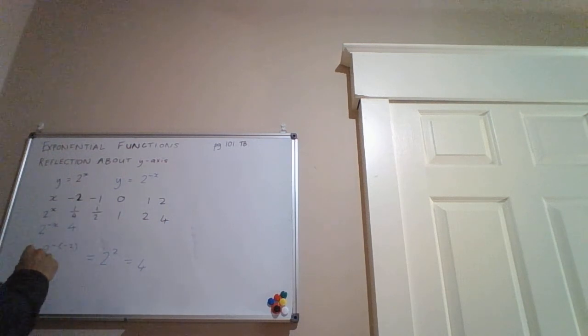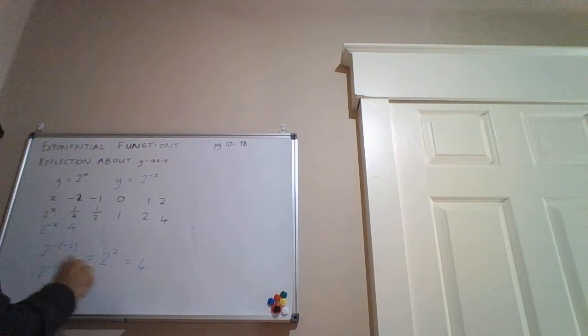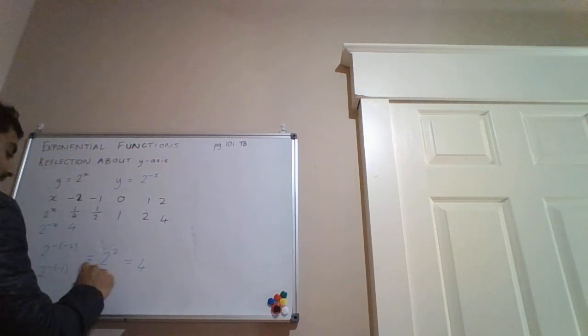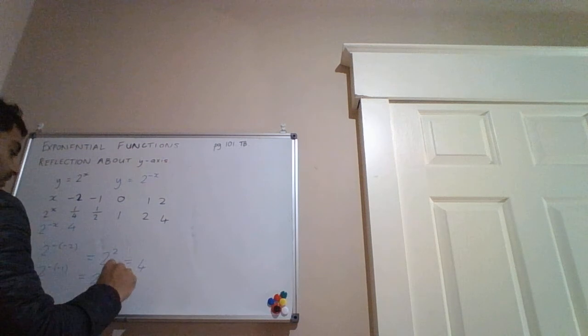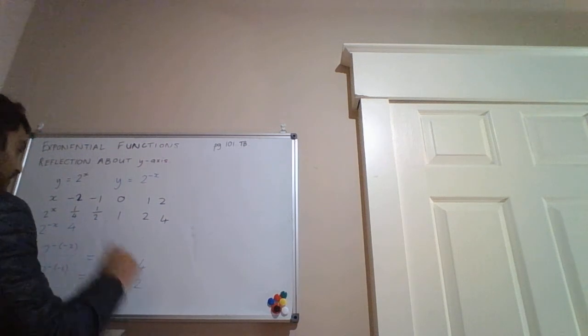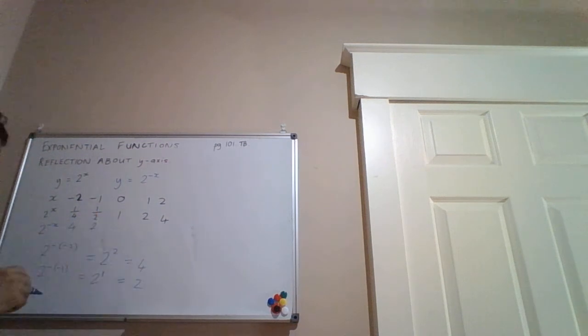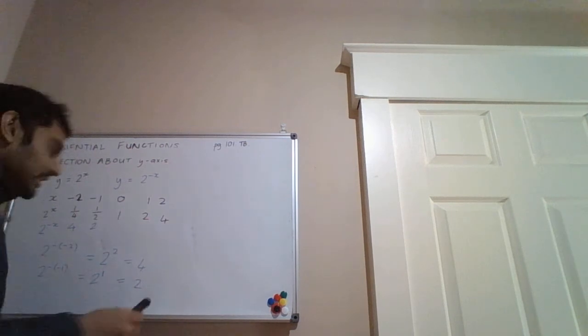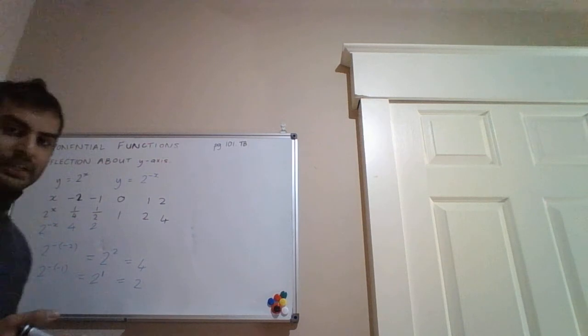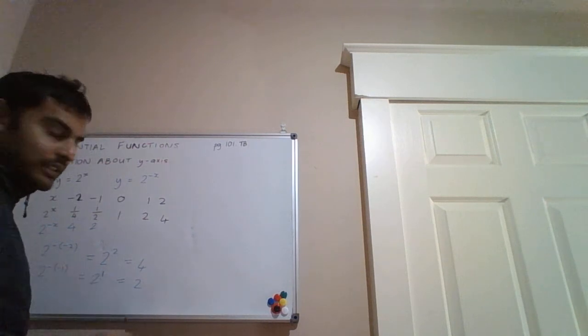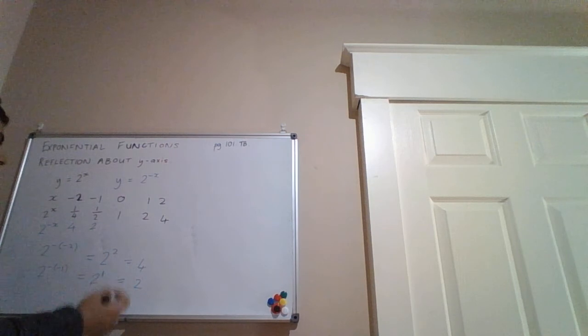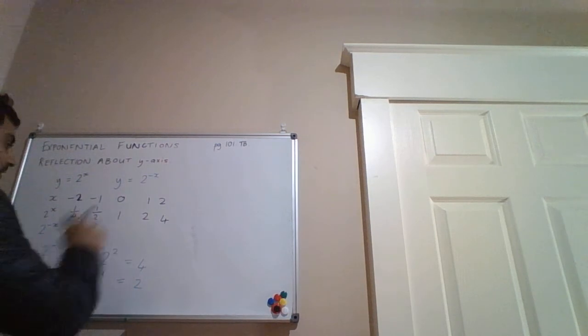For the next x value, minus 1, 2 to the power of minus minus 1, once again the minuses cancel, and we'll have 2 to the positive 1, which is 2. For the next point, 2 to the power of minus 0 is 2 to the power of 0, because a minus times 0 is 0, and any number to the power of 0 is 1.